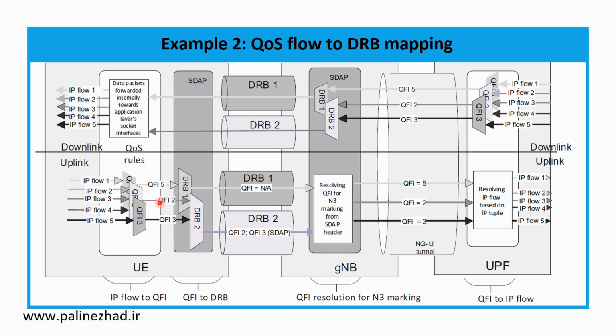Then this QFI is sent with the access stratum. We know that this part is NAS, this part is AS, access stratum, to a SDAP layer which performs a QFI to DRB mapping. Here we will have QFI to DRB mapping, and it's AS.